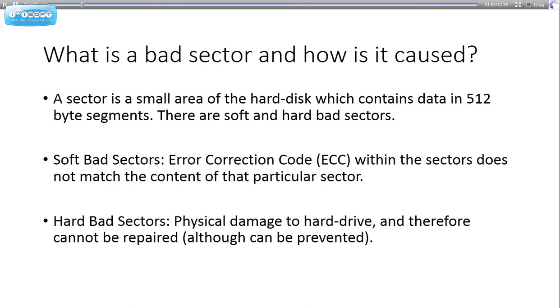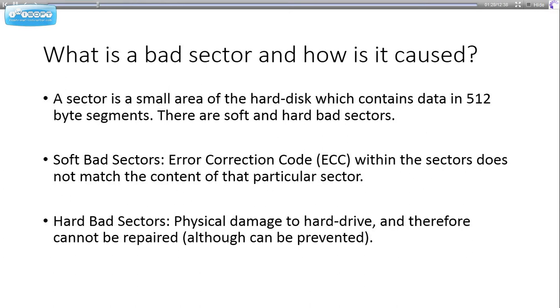A sector is a small area of a hard disk which contains data in 512 byte segments. You may get soft and hard bad sectors. A soft bad sector is something we can repair, and it's very simple to do. It's when an error correction code in a sector does not match the content of that sector.